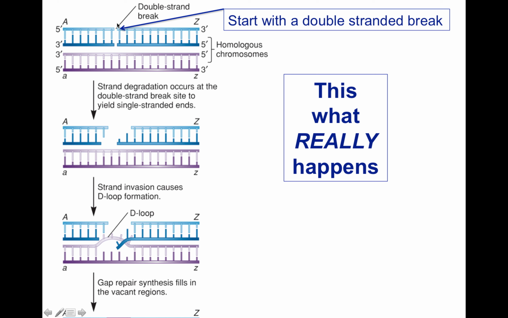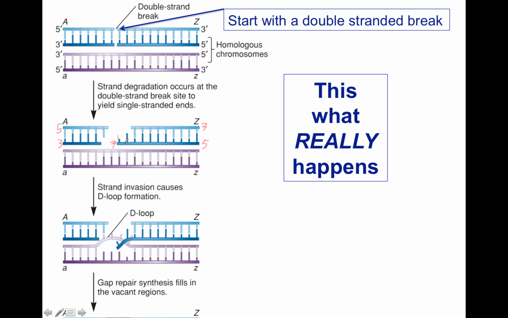You get a double-stranded break either on purpose or a spontaneous catastrophic event. You get processing so that you end up with single-stranded 3' ends. Remember, this is 5', 3', 3', 5'. So if this is the 5' end here, this is the 3' end right here.